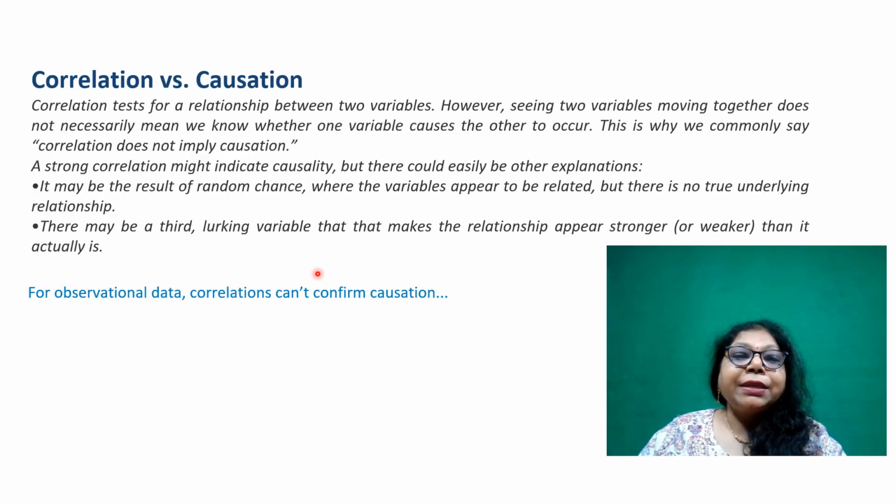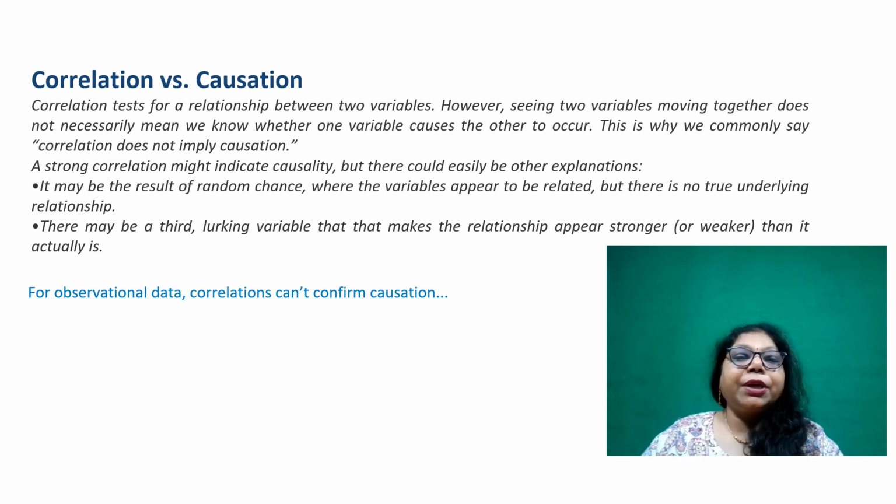Okay, so next is correlation versus causation. We need to understand that correlation tests for a relationship between two variables, so whether one is causing the other or not. Seeing two variables moving together does not necessarily mean we know whether one variable causes the other to occur. This is why we commonly say that correlation does not imply causation.